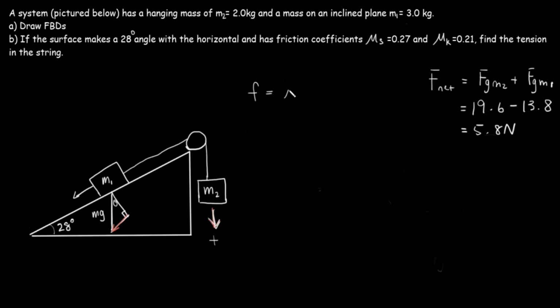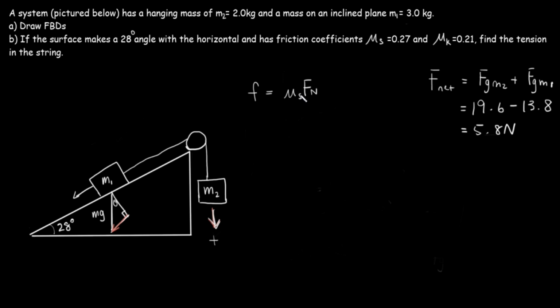The formula for the force of friction is mu times the normal force. And in this case, we're going to use mu s. So we're using mu s because we don't know if it's moving or not. If we know that it's moving, we can just use mu k. But if it's not, we have to try it with mu s to see if the total force of friction is going to be less than the net force.